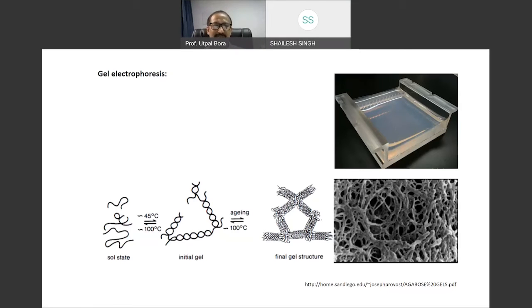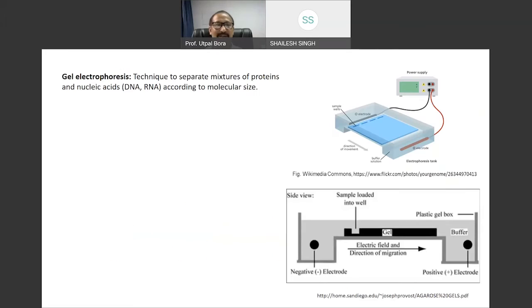It will allow molecules which are smaller than these pores to pass through, and the bigger ones will be retained. So we use gel electrophoresis basically for separation purposes. This is something like the sieve we use in our home to separate the wheat flour or the rice flour from the rough or bigger size particles.